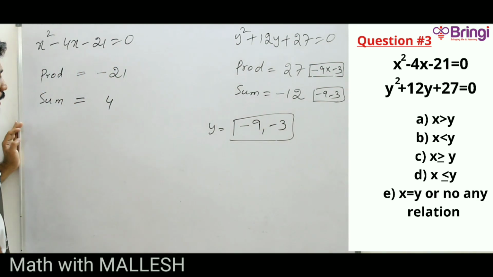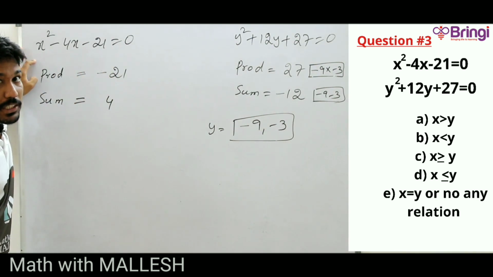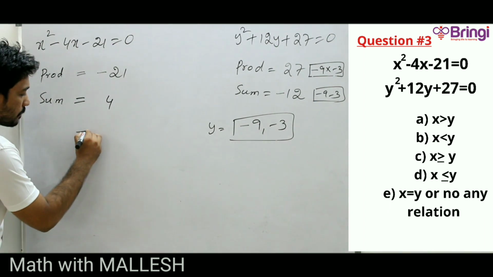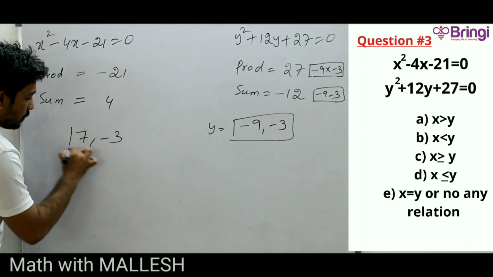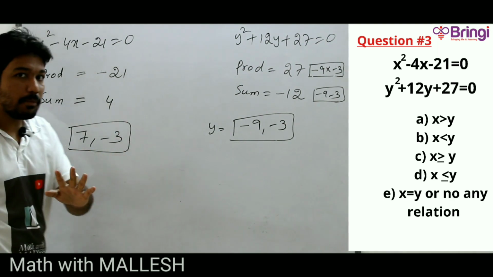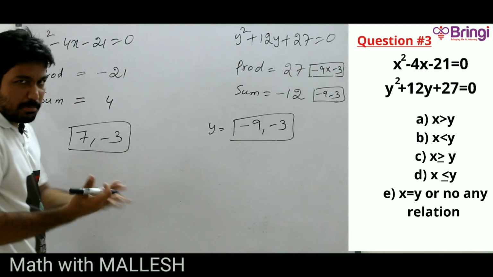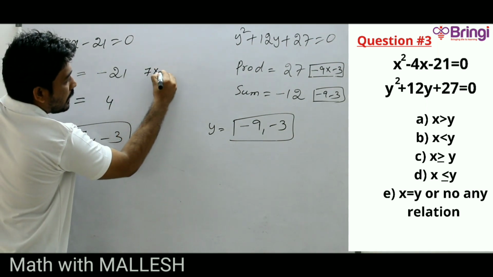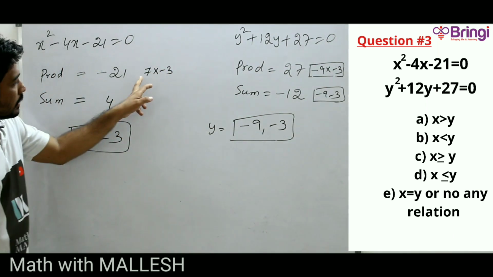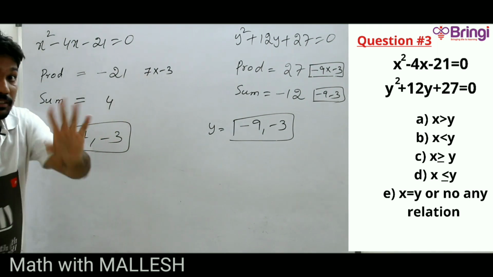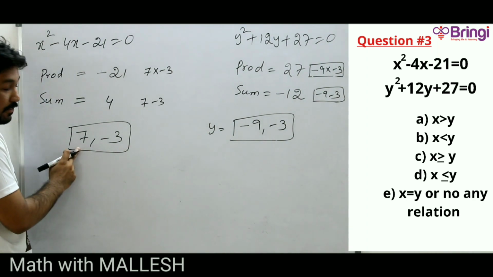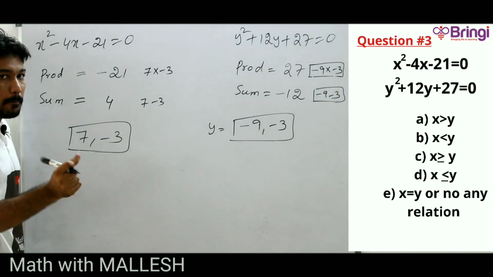And coming to the x value, product we want minus 21 and sum we want 4. 7 comma minus 3. Let me check. 7 into minus 3, 7 3s are 21 and negative. Perfect. Now addition, 7 and negative 3, addition 4.